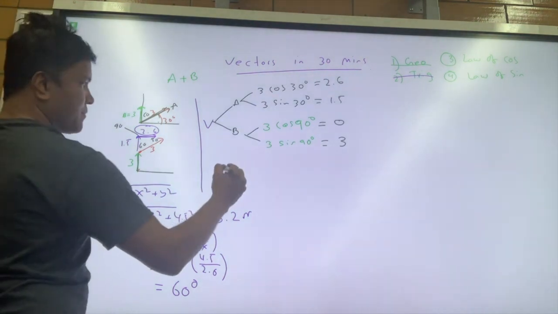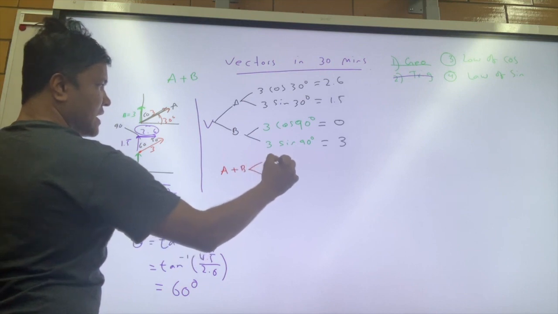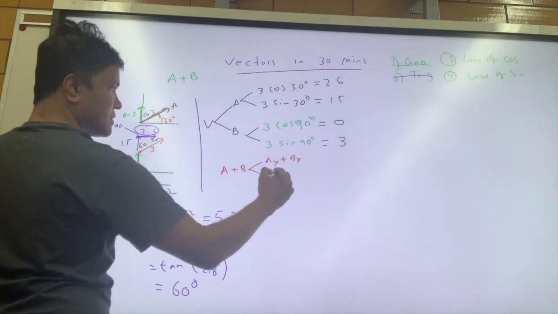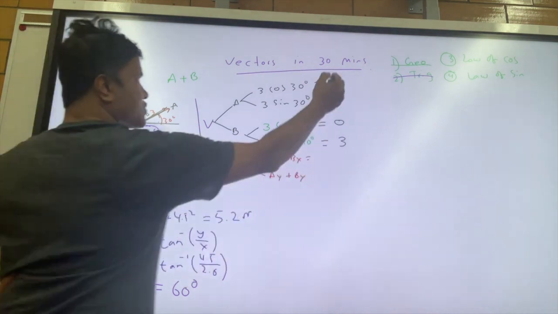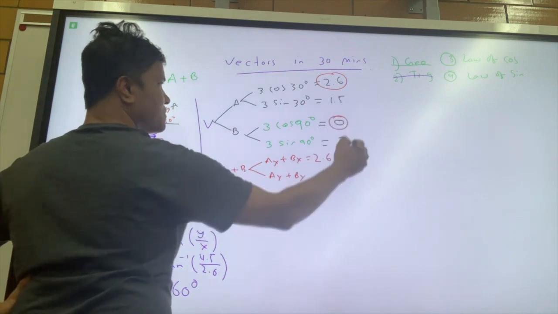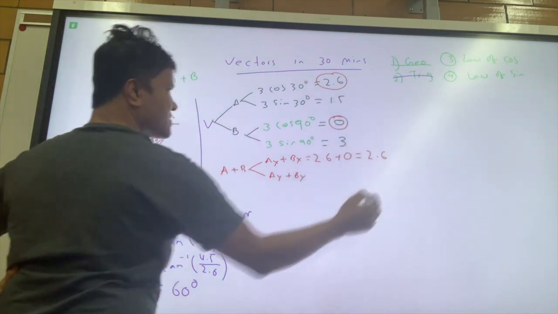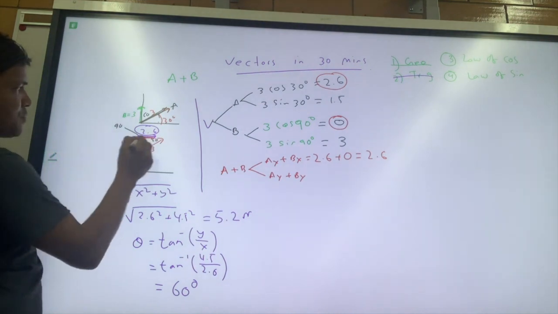So A plus B is Ax plus Bx, Ay plus By. Ax is 2.6 plus Bx is 0, 2.6, and that's exactly what it is, 2.6.